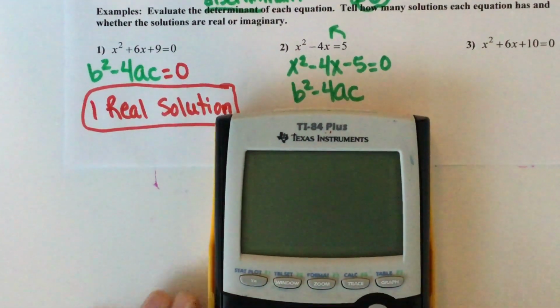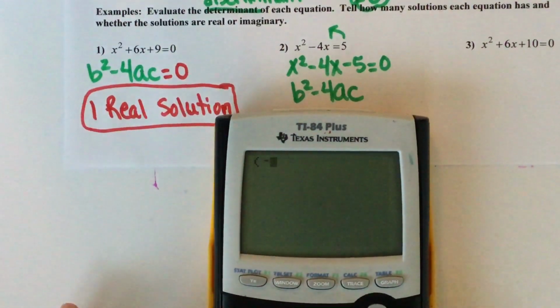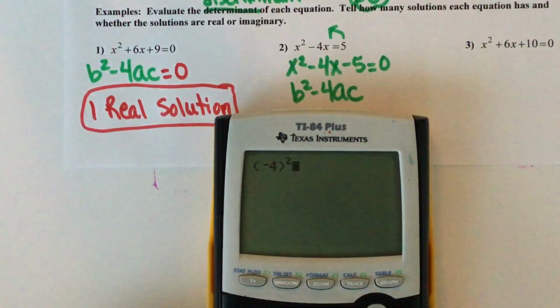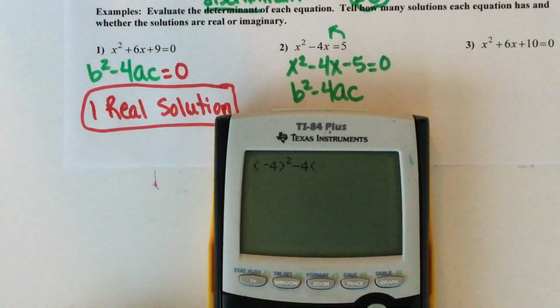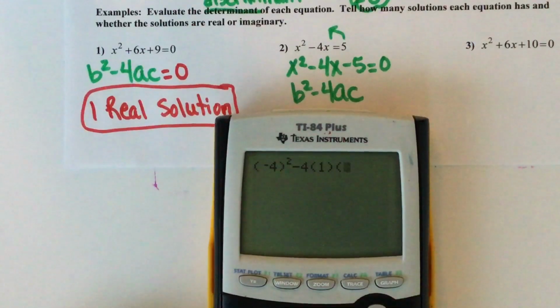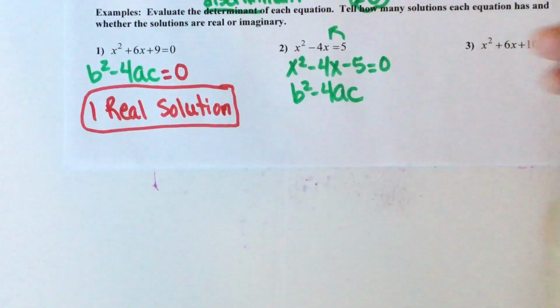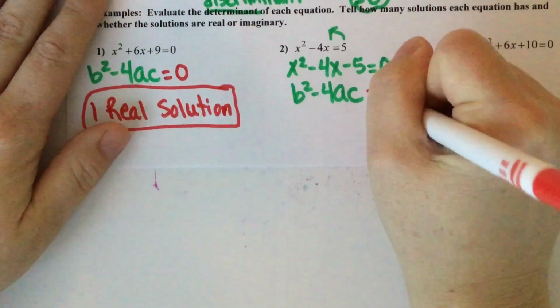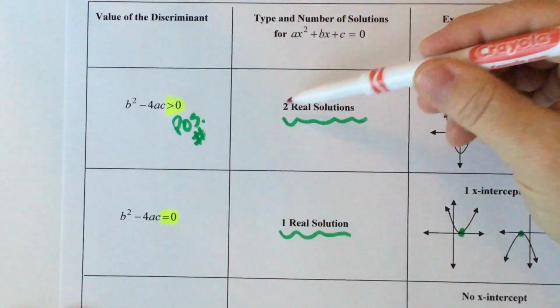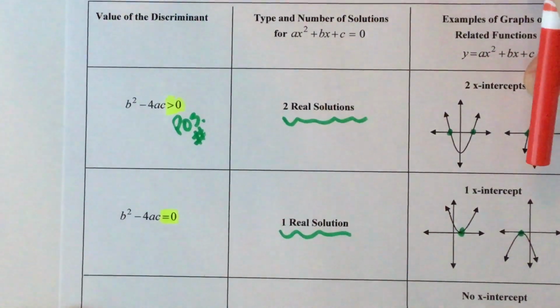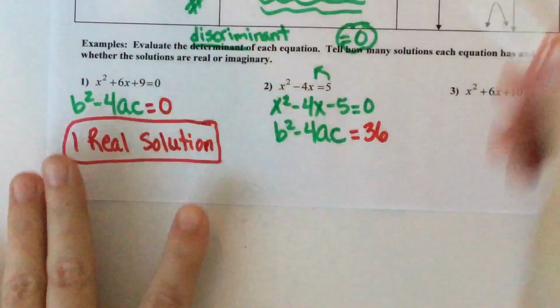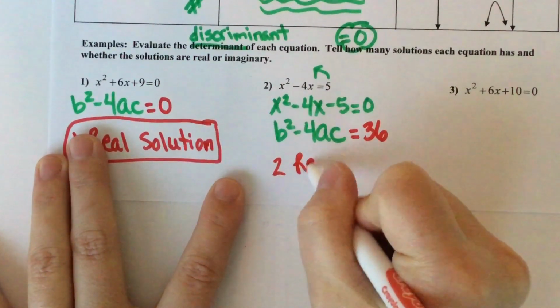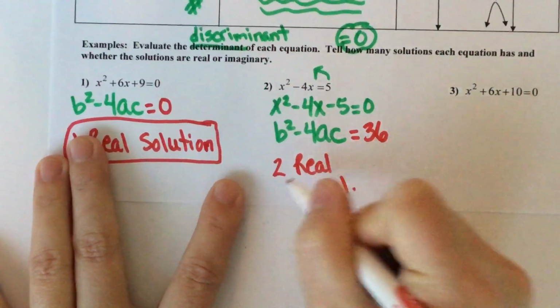So I'm going to have parentheses, b is negative 4, close it, square it, minus 4, parentheses, our a is a 1, parentheses, who's c? Negative 5. And we get 36. If our discriminant is a positive number, then we get 2 real solutions, meaning they won't have i's in them.